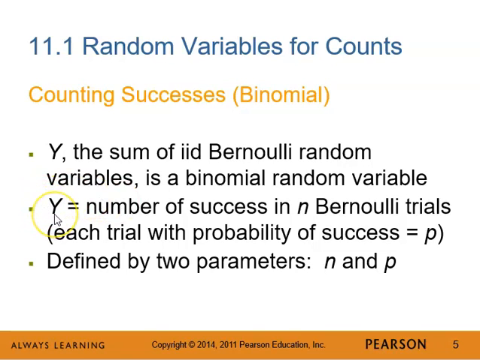So y is equal to the number of successes in n Bernoulli trials, each trial with probability of success p. So it's defined by two parameters: n, the number of Bernoulli trials, and p, the probability of success for each trial.